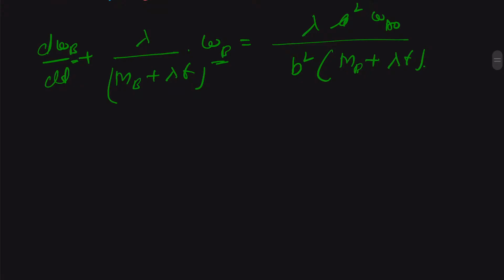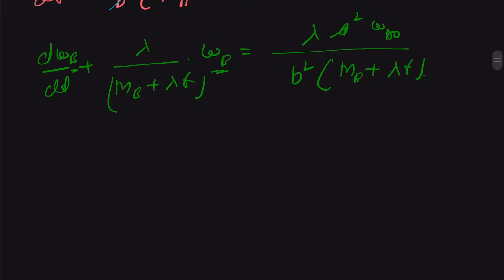So let us use the initial condition and solve this particular equation. So we know that omega b at time t equal to 0 is given as 0. Okay, that is already known to us, and we integrate it from 0 to t.